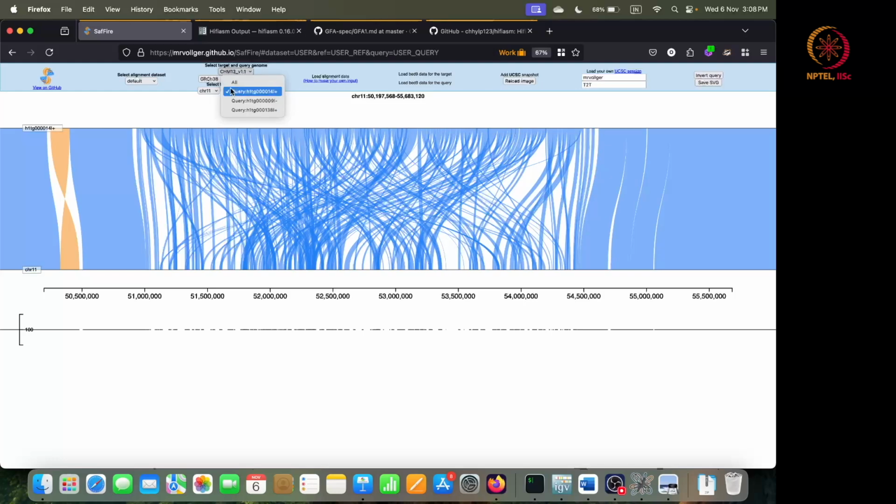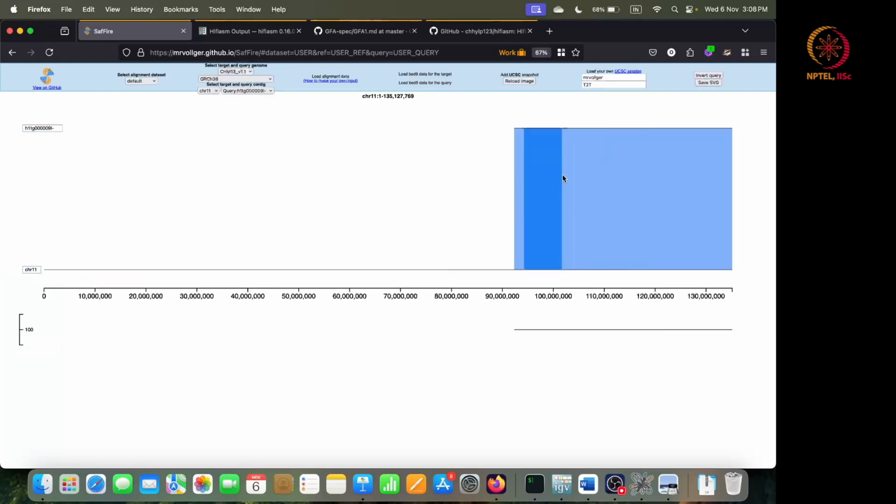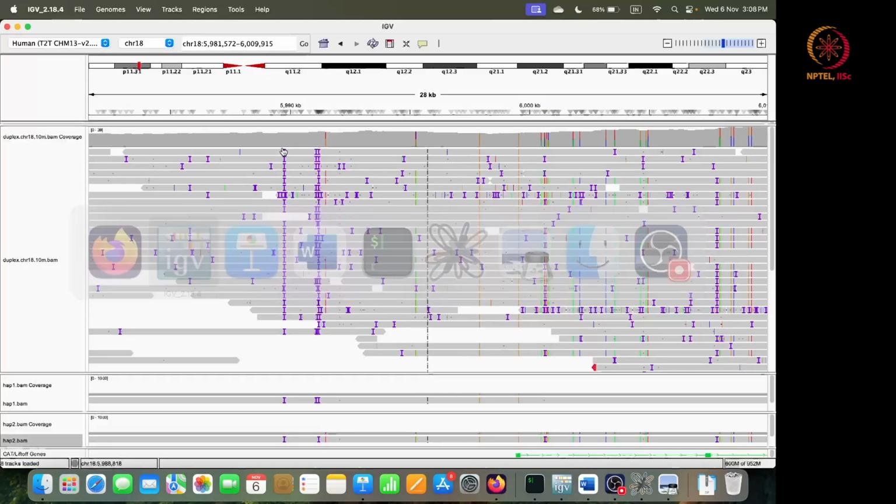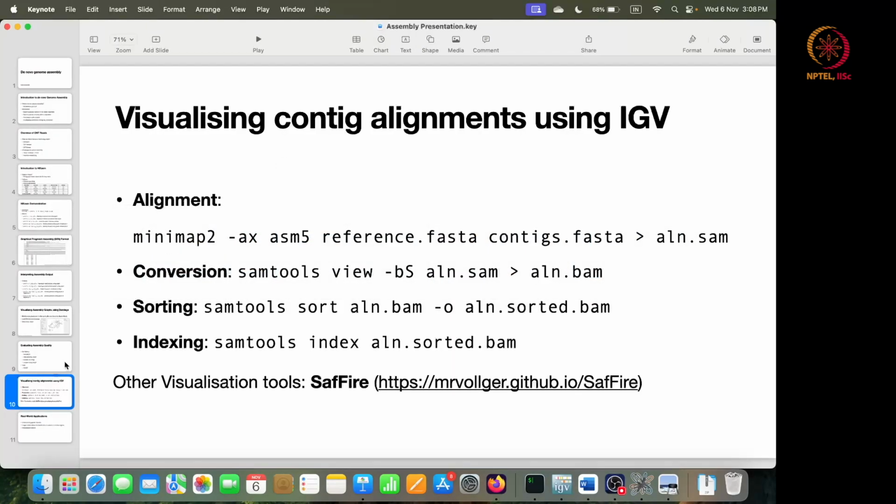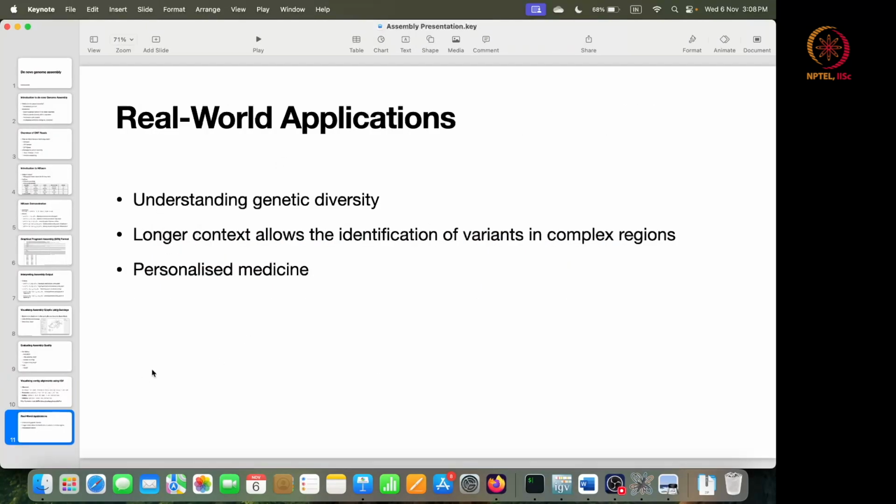We can actually visualize every single such contig once we have got the assembly using this tool. Okay. So, to summarize, we have looked at how to generate an assembly of genome sequencing data, read sequencing data.